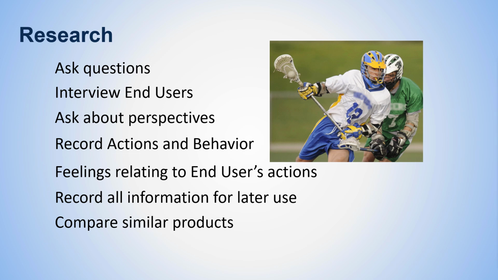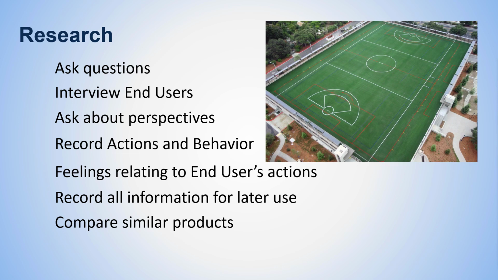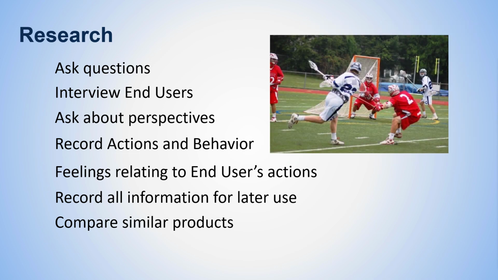Lacrosse players use these netted sticks to carry, pass, and shoot a ball up and down a grass or turf field, as shown here, in an effort to score goals. Players use the head of the lacrosse stick to carry, pass, catch, and shoot the ball into a goal, as shown here. This is very similar to hockey, but without ice. It's played out on a field.